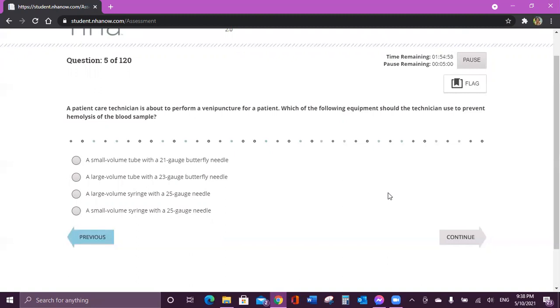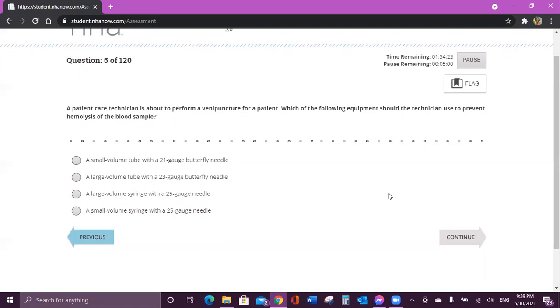A small volume tube with 21 gauge butterfly needle, a large volume tube with 23 gauge butterfly needle, a large volume tube with 25 gauge. So, mientras el número es más grande, más chiquita la aguja. La B.